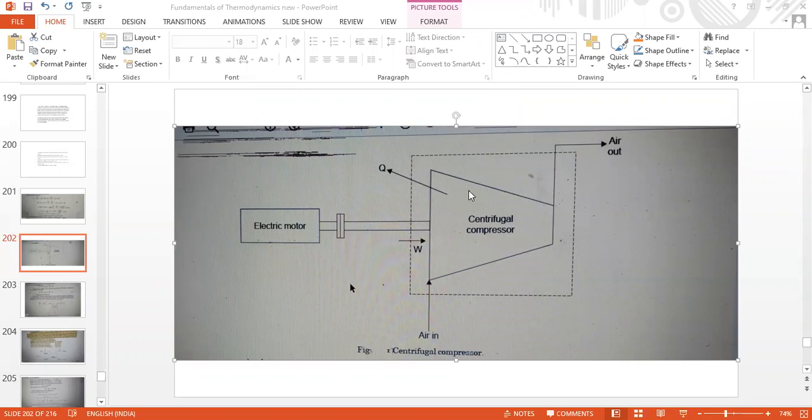A compressor requires power, and here the compressor, by taking power from an electric motor, compresses air. See, the air is taken in by suction from the larger diameter side, and the compressed air is given to some process. Where is the compressed air used?